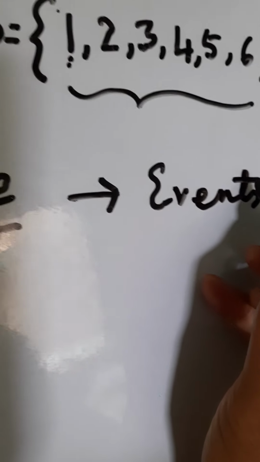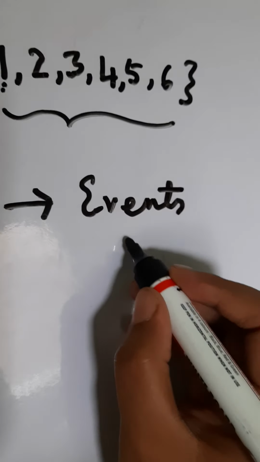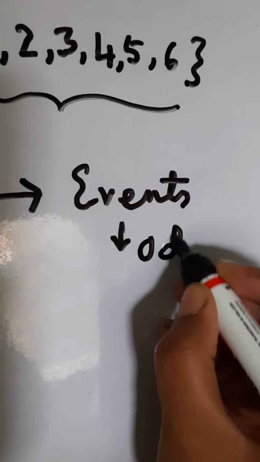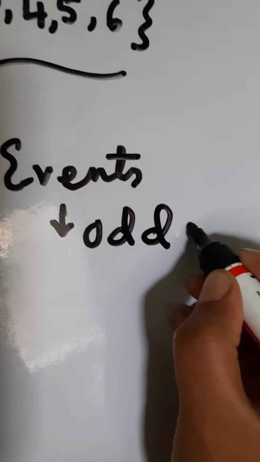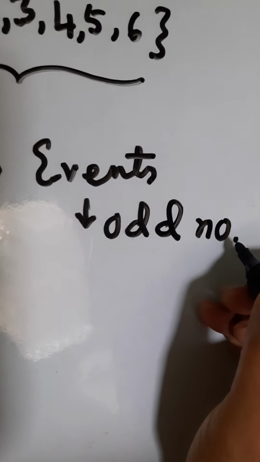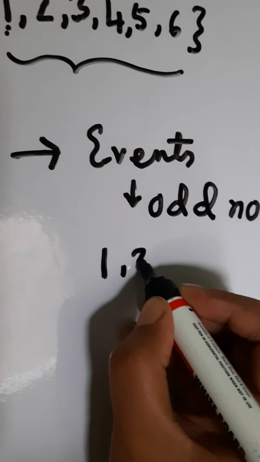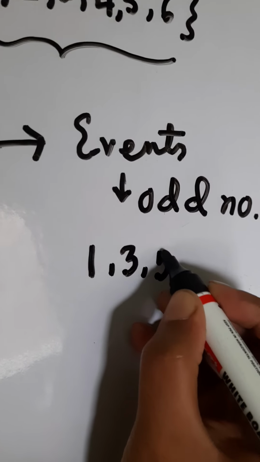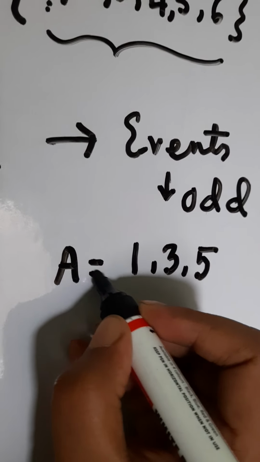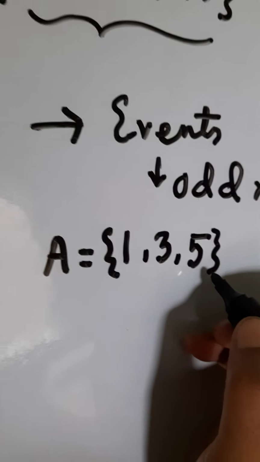Let us define an event of getting odd numbers in a single throw of a die. So the odd numbers are 1, 3 and 5. These are the odd numbers. So the event A may be written as the collection of the outcomes 1, 3 and 5.